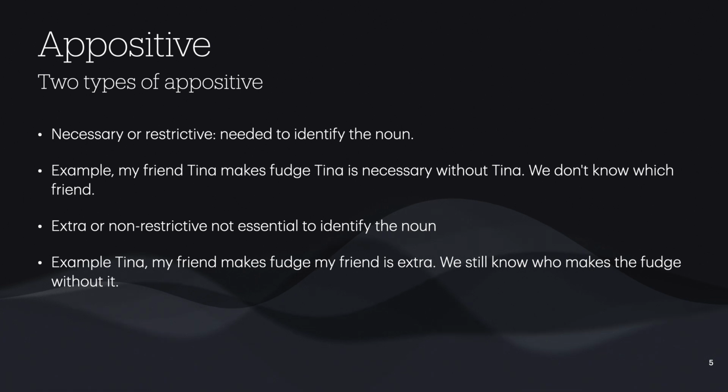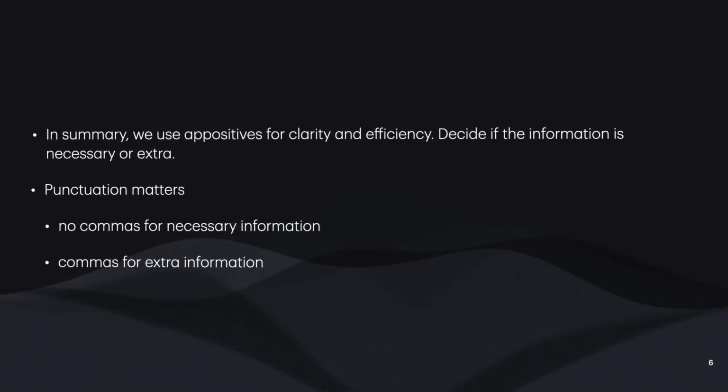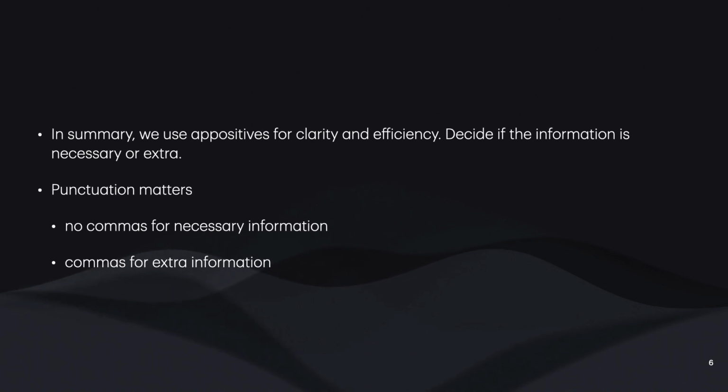Extra or non-restrictive appositives are not essential to identify the noun. An example would be, Tina, my friend, makes fudge. Here, we still know who makes the fudge. In summary, we use appositives for clarity and efficiency, and decide if the information is necessary or extra.